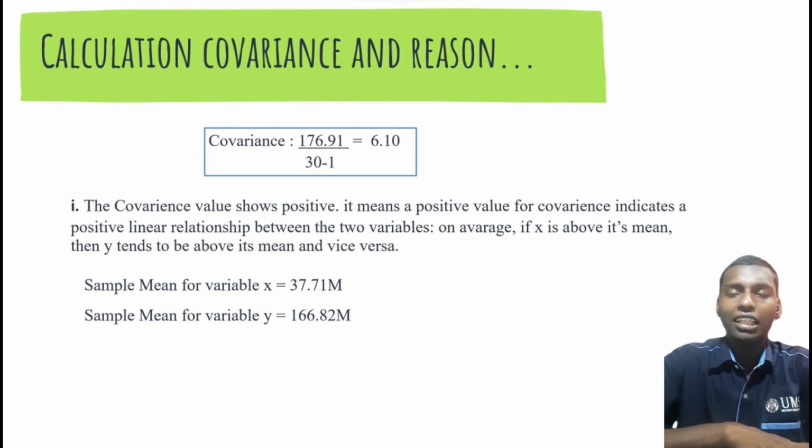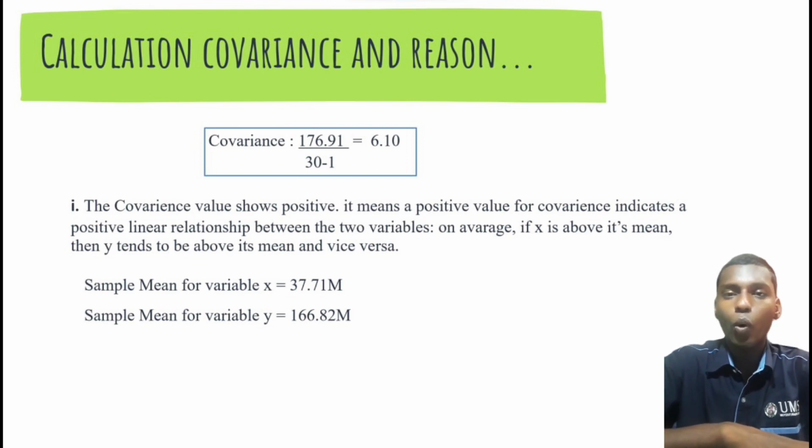For the next slide, I have attached the calculation for covariance and the reason why it shows a negative or positive value. First of all, to get the value of covariance, we need to identify the sample mean of visit and purchase. Here, variable x means visit and variable y means purchase.